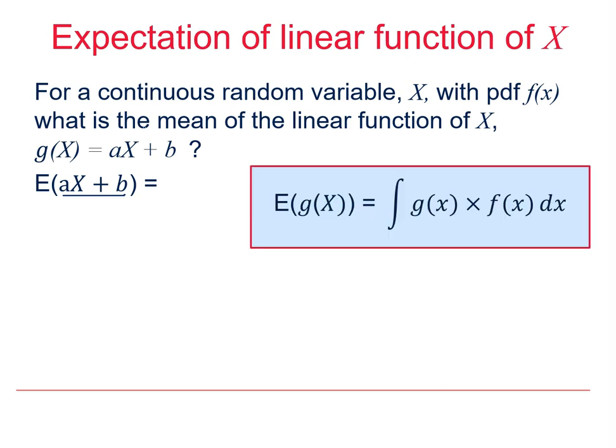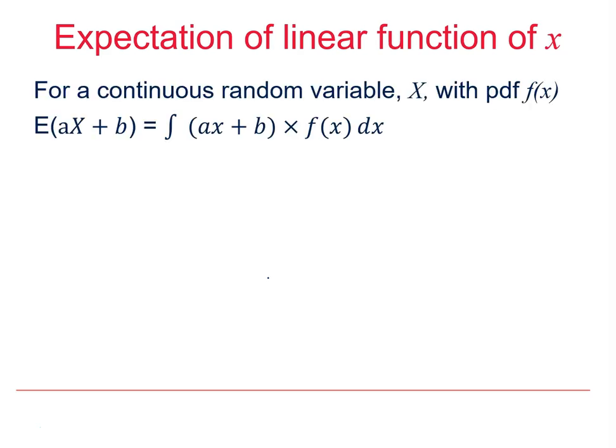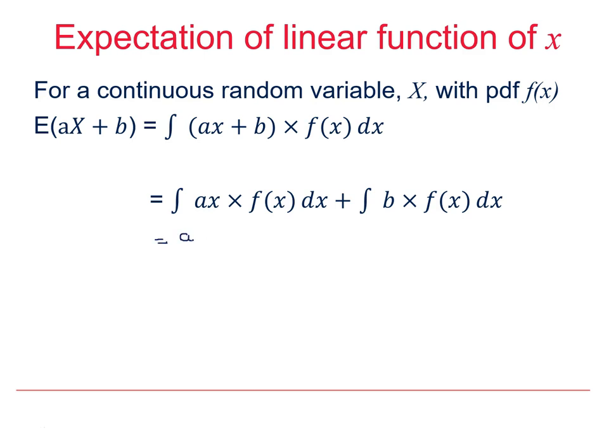So recalling this result for the expectation of a function of x, that simply leads into the fact that E of ax plus b would be the integral of (ax plus b) multiplied by our probability density function. And that can be simplified by multiplying it out, and I think it's fairly easy to see that we can take our constant out of that integral.